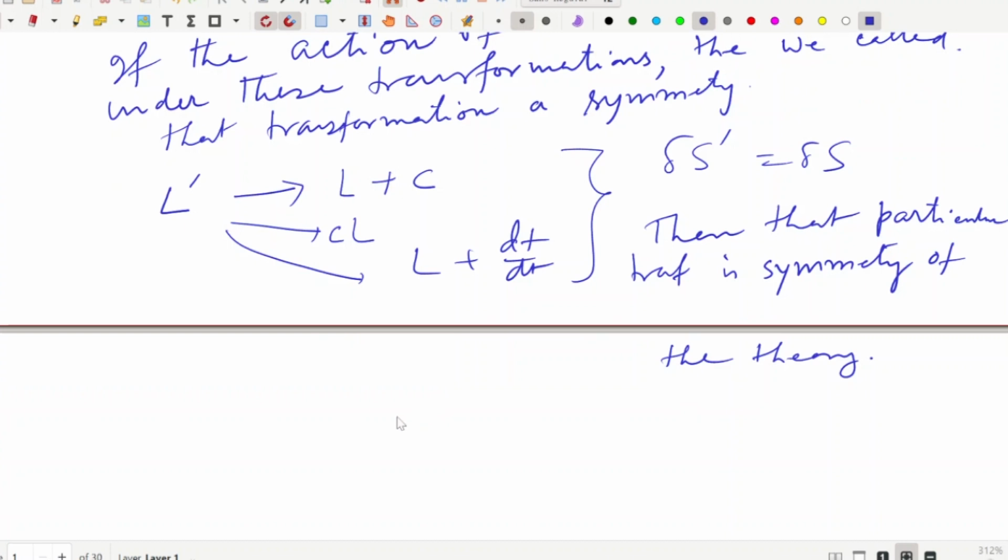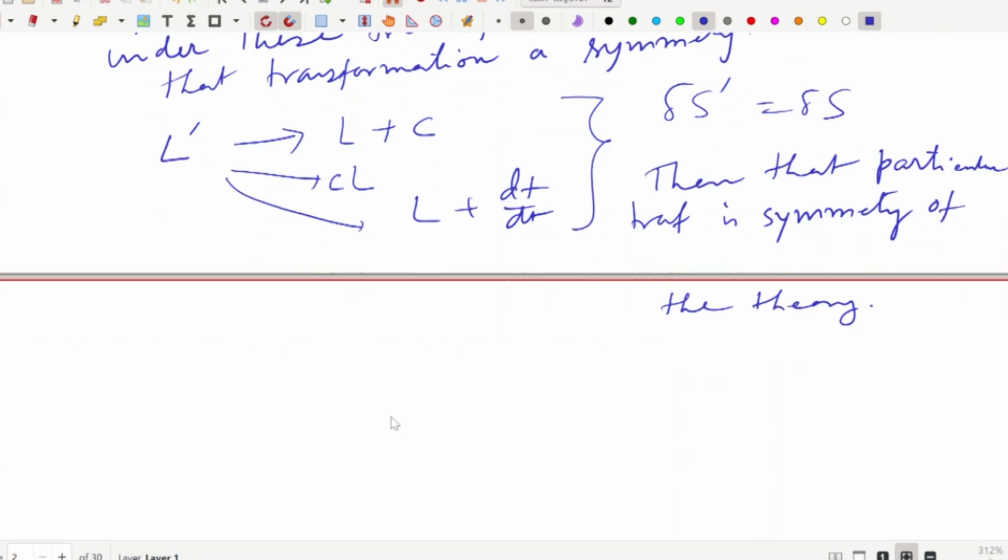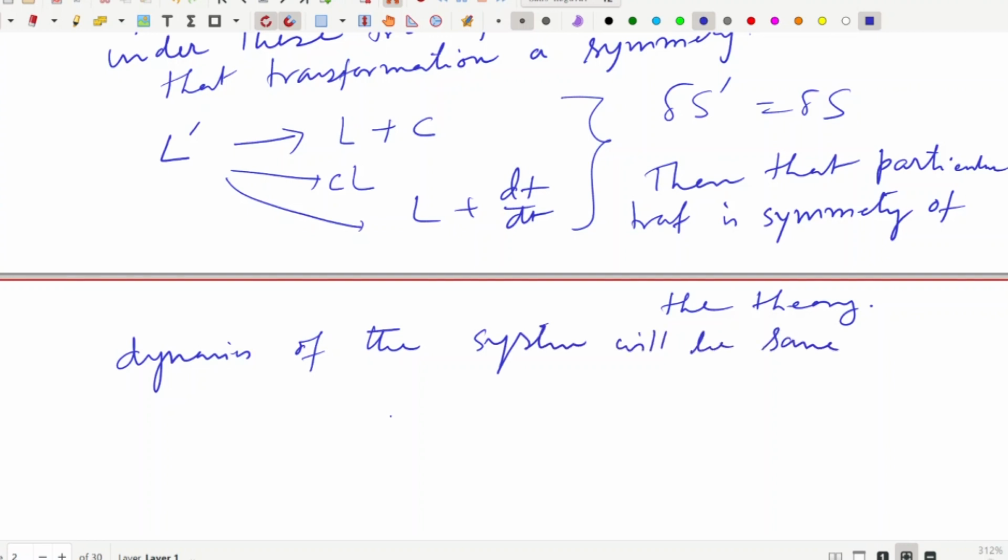This is the idea, and if it is a symmetry, then the dynamics of the system will be the same even after applying this transformation.